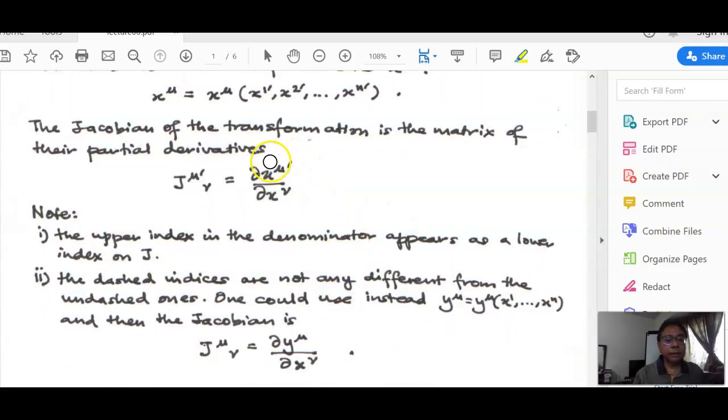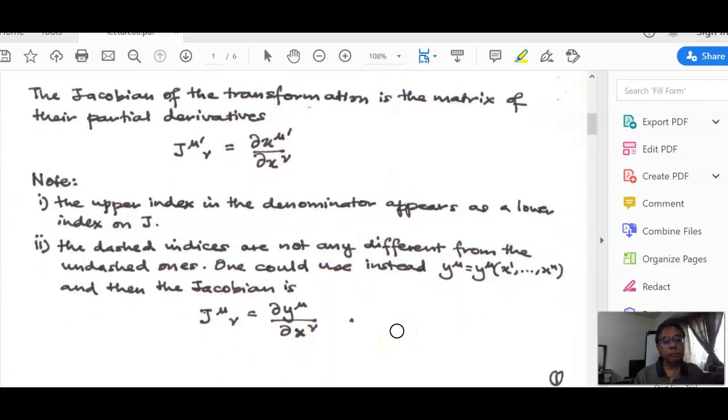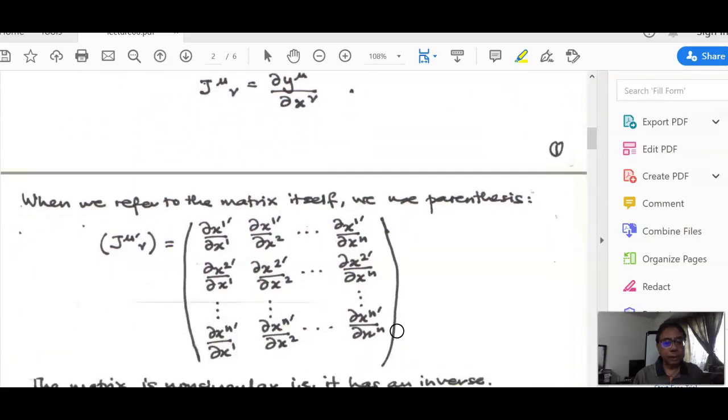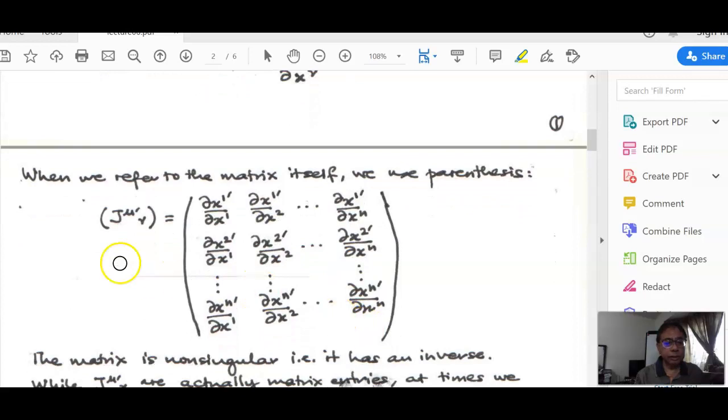The other thing is, this is pretty artificial with respect to this x dash. One can replace it by a different coordinate system, say y mu. It means the same thing, and in this particular case there will be no dashes. So what does this matrix look like? When I write it as a matrix, I put parentheses here.